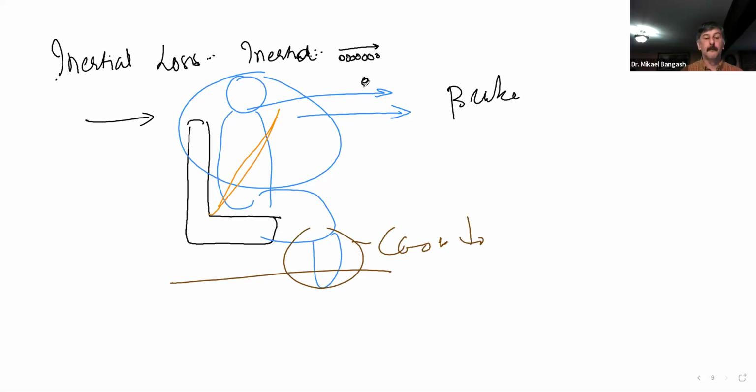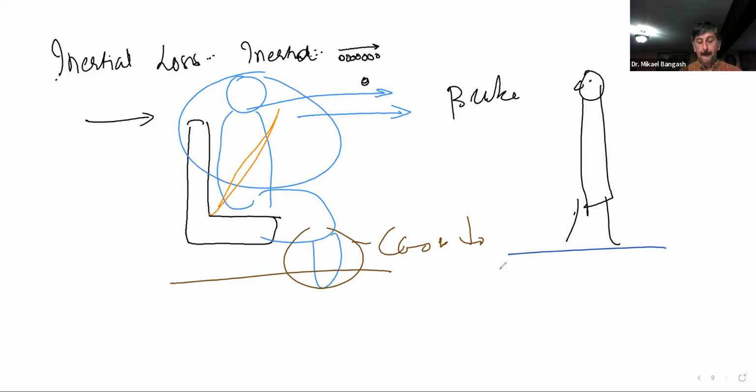Likewise, if you, for instance, were standing up somewhere, and that vehicle, train, bus, whatsoever, all of a sudden starts moving.